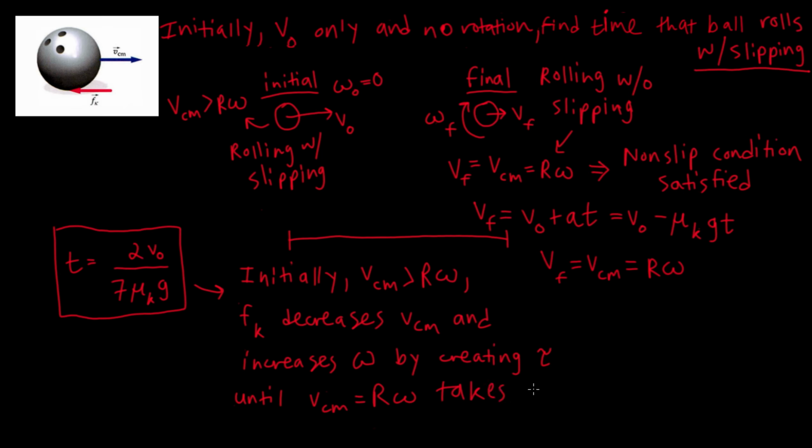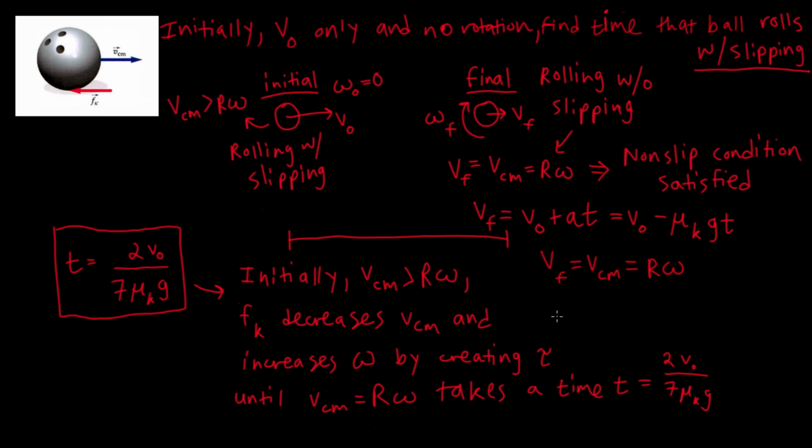And so another interpretation is the force of kinetic friction is going to decrease the velocity of the center of mass, and it's going to increase the angular speed until the non-slip condition is satisfied. And all of that is going to take a time of this expression right here, the expression that we solved for.